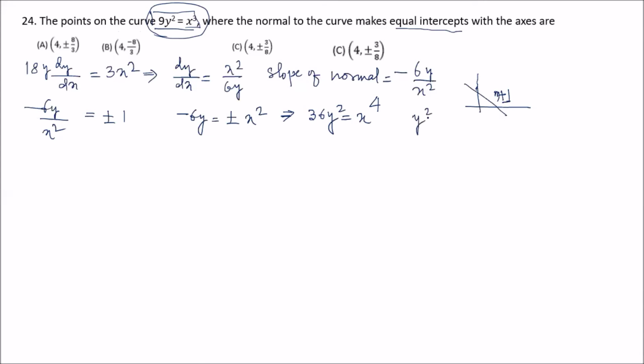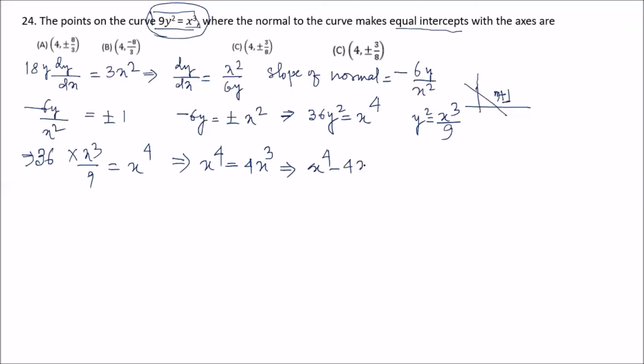I'll replace y square is equal to x cube by 9 in this equation. Then I'll get 36 into x cube by 9 is equal to x to the power 4. Or x to the power 4 is equal to 4x cube. Or x to the power 4 minus 4x cube is equal to 0. Now taking common, I'll get x cube (x minus 4) is 0.